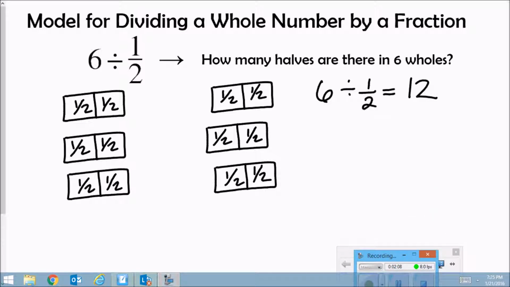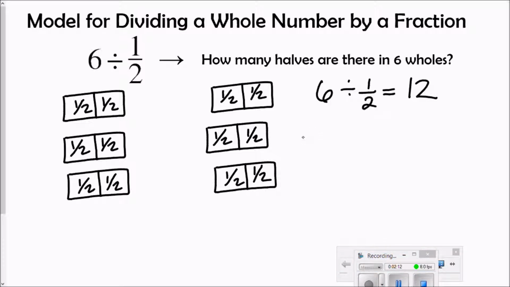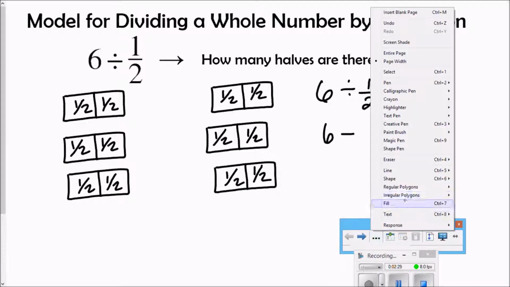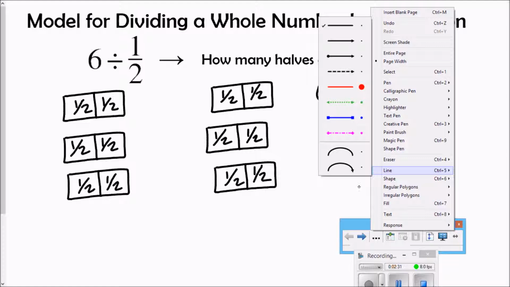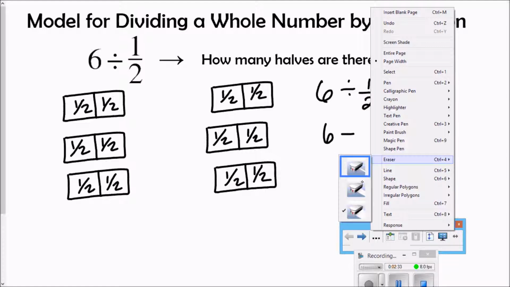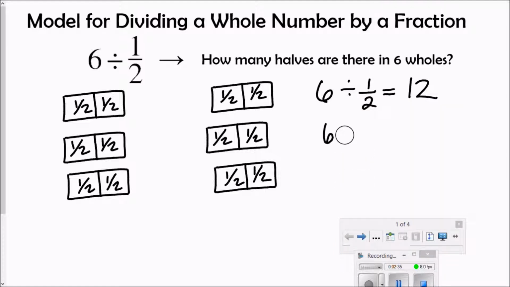is keep, change, flip. So what I am going to do is just work this out mathematically using the algorithm so that you can see how the algorithm connects to the model. So if I follow those rules, same inverse reciprocal, what I'm going to do is leave the 6 alone, and I'm going to change the division symbol, or I'm going to change the operation to multiplication.